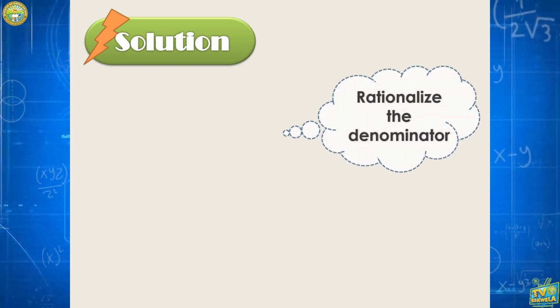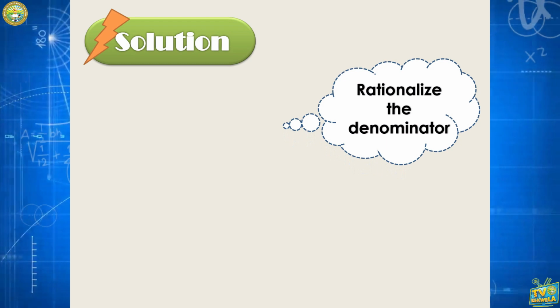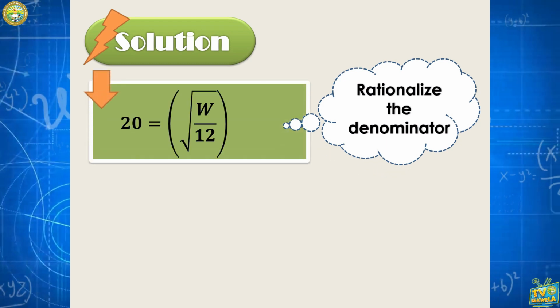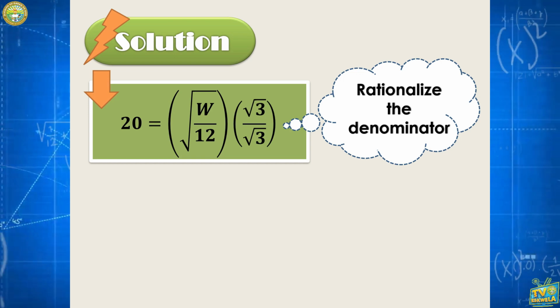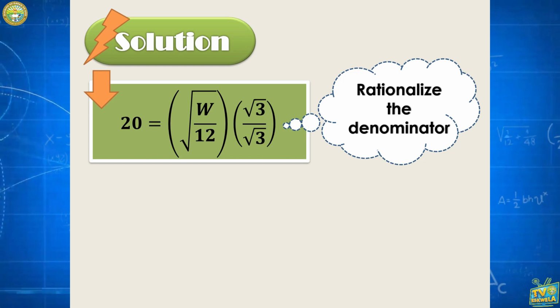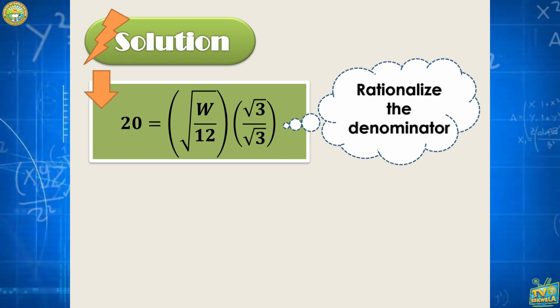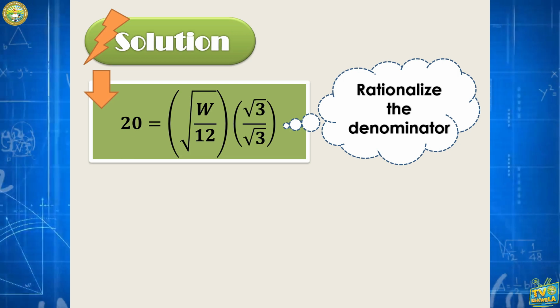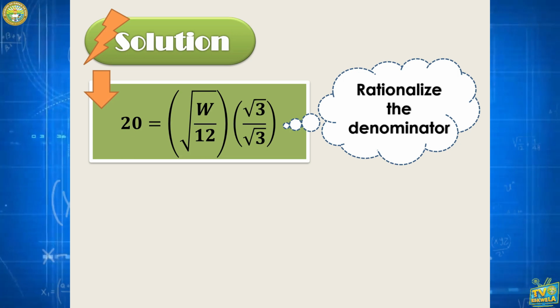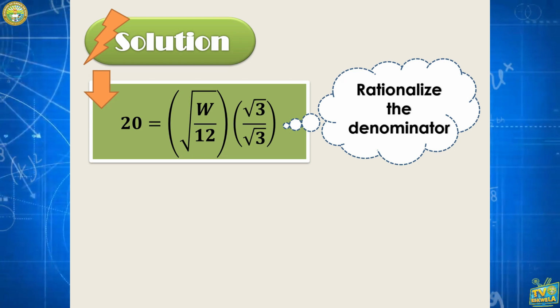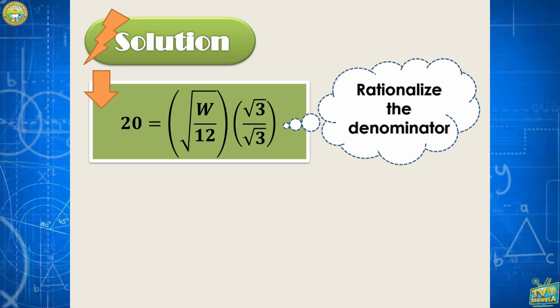Then, rationalize the denominator by multiplying square root of 3 to both numerator and denominator in the right side of the equation. That is 20 equals quantity square root of W over square root of 12, times quantity square root of 3 over square root of 3.